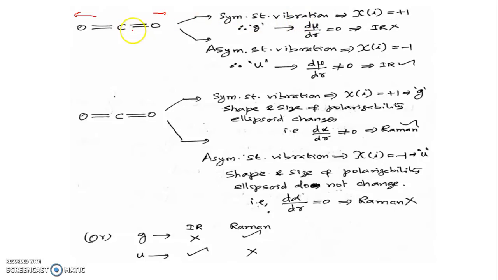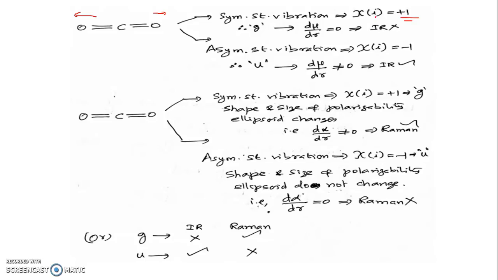Carbon dioxide has centrosymmetry, and this symmetric stretching vibration has an inversion character of +1. That means this vibration is symmetric with respect to i. During the vibration, at any instant the inversion remains as such. The molecule possesses inversion at any instant of time.